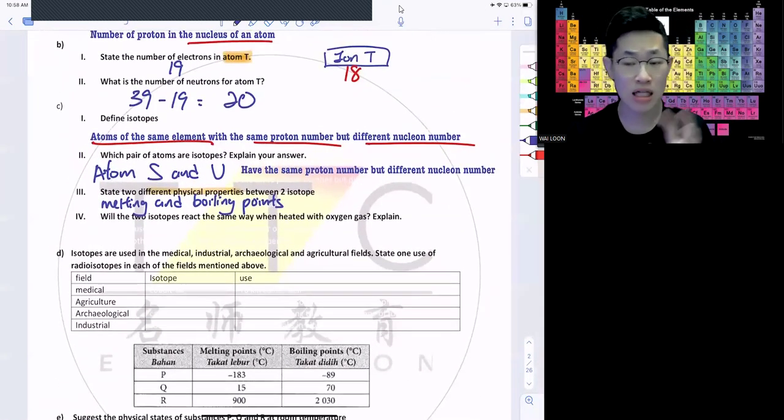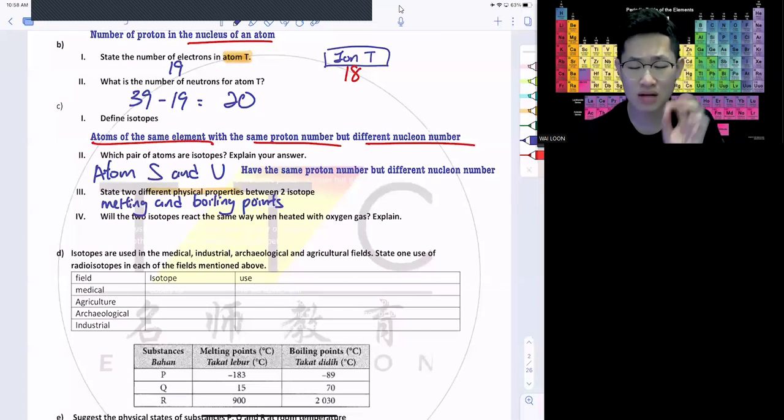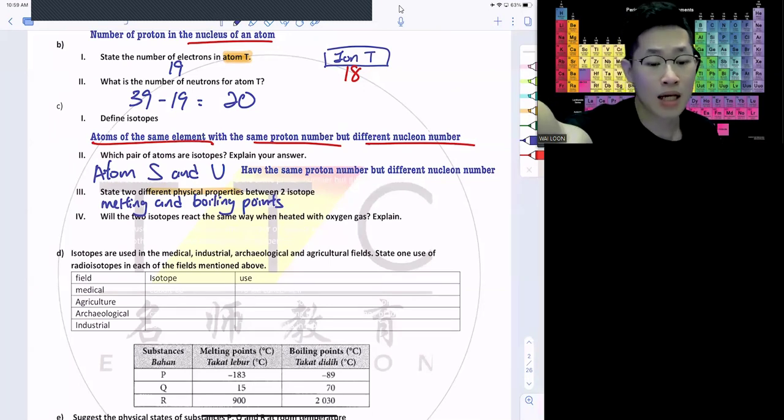Melting and boiling points in other chapters also. Every time when they talk about physical property, they will mention melting and boiling point. So this is a very useful answer, for this chapter, for other chapters as well. Okay, in Form 4, Form 5. Okay, then next.